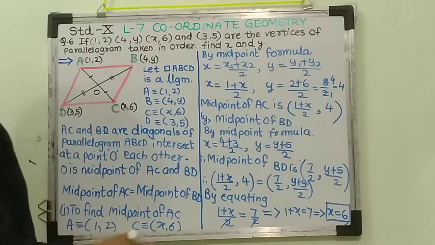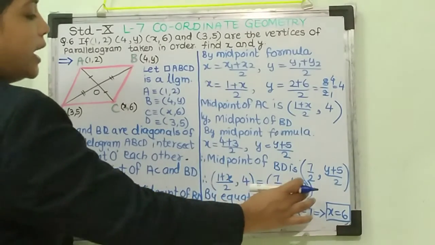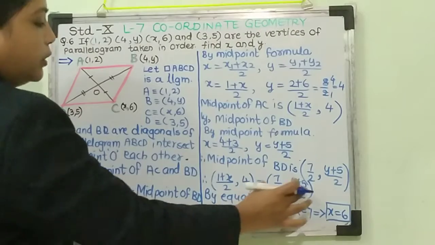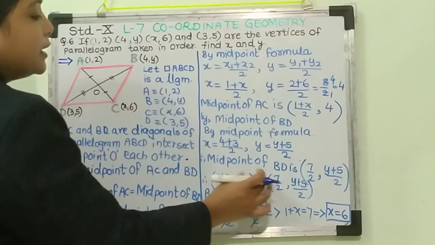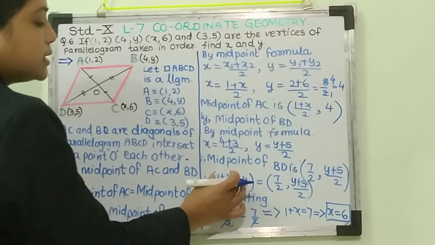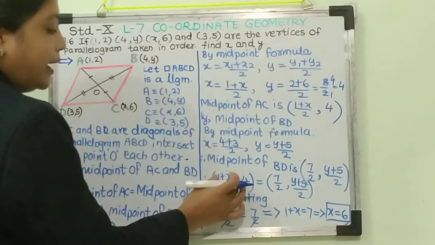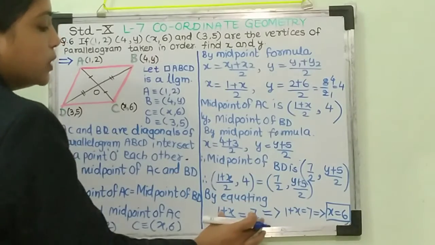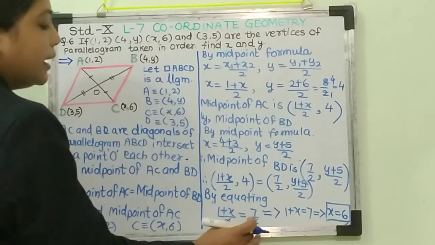What I did here, I am taking the midpoint of AC and midpoint of BD are equal. So here we are equating the same coordinates, the x coordinate.